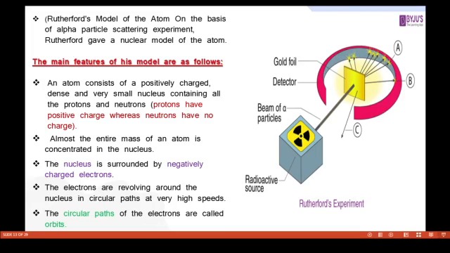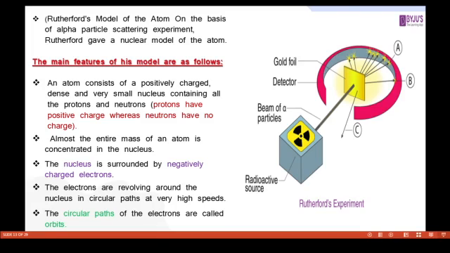The nucleus is surrounded by negatively charged electrons, because the nucleus inside has proton and neutron. Electrons are revolving around the nucleus in circular paths at very high speed.